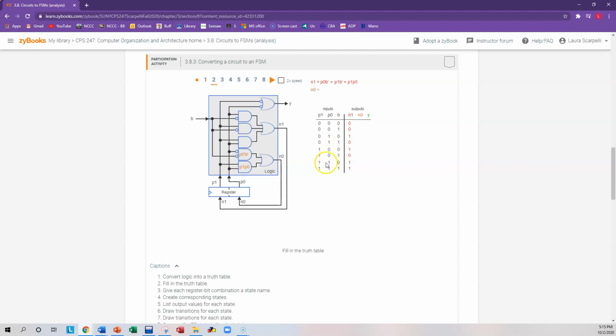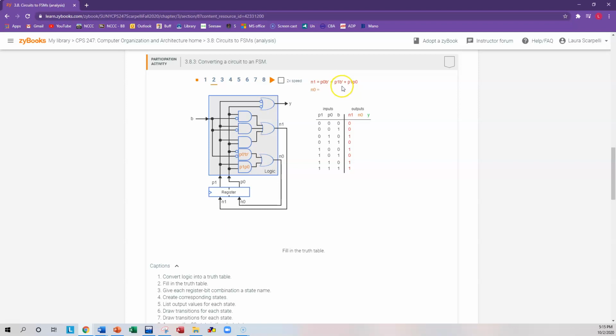You could look down here. Again, it's P0 with the complement of B, right? So this would be 1 ANDed with a 1, that gives you a 1. This would be a 1 ANDed with a 0, gives you a 0 in that case. So either of these would be taken care of by the first minterm.